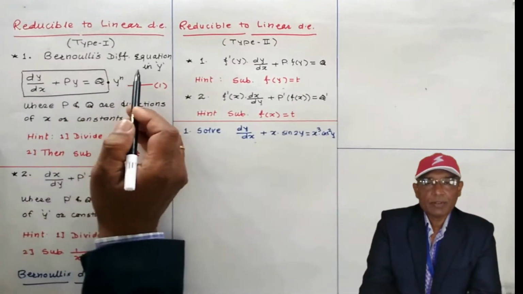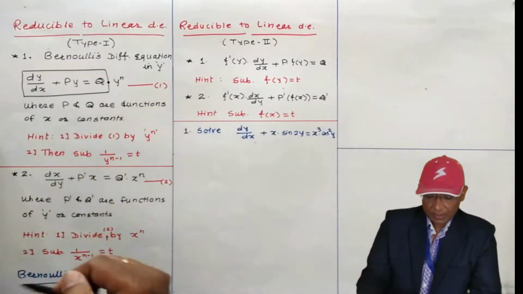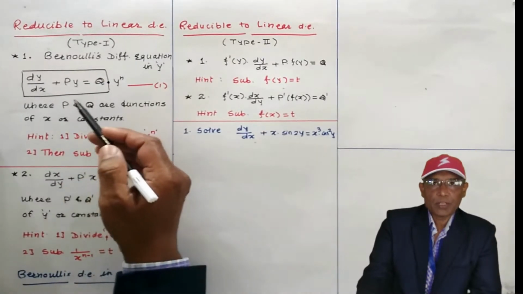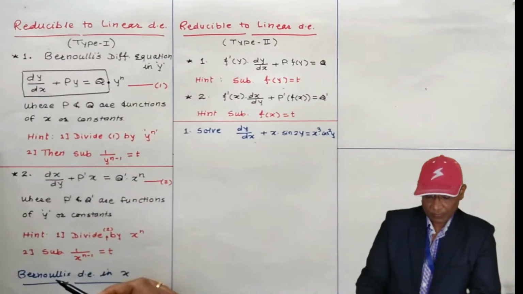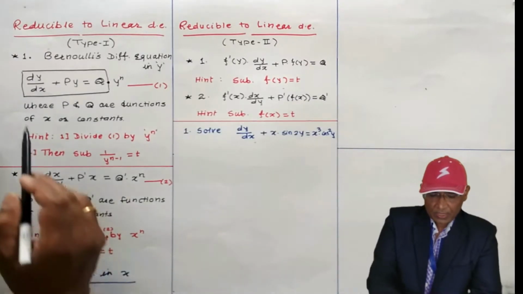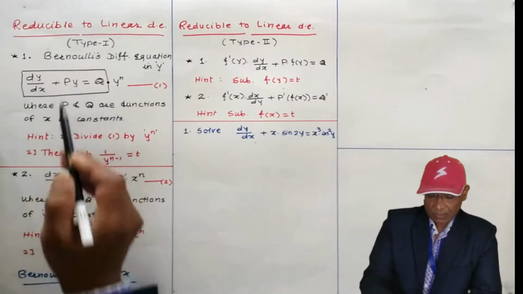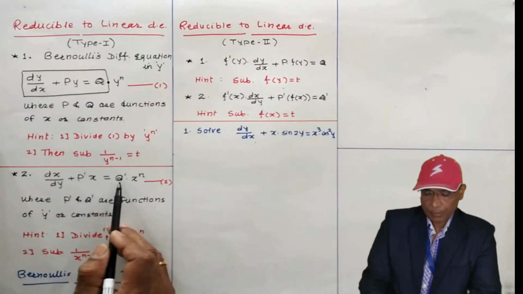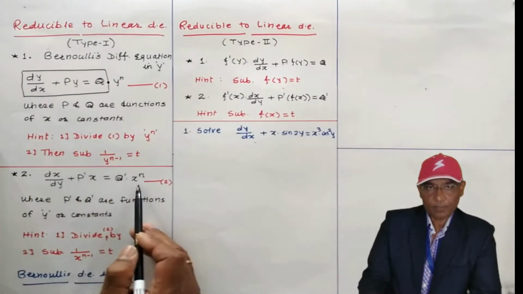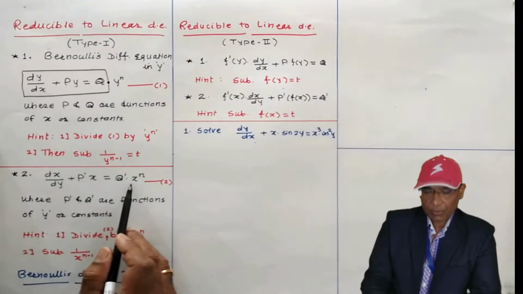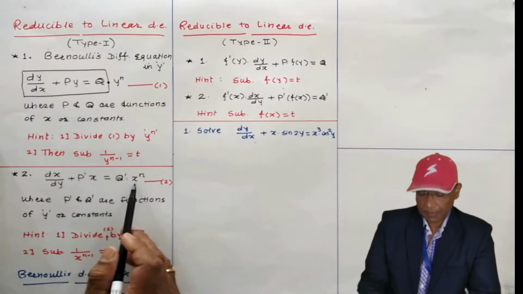Now, similarly, for the Bernoulli's differential equation in x, all y are replaced by x and x are replaced by y. This is the only difference. See, dx/dy + p'x = q' x^n. Here, divide this equation by x to the power n, because x to the power n is there in the multiplication.